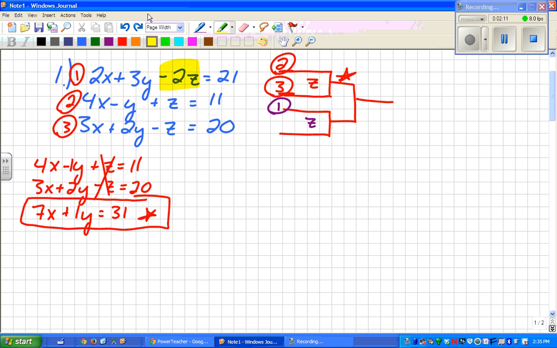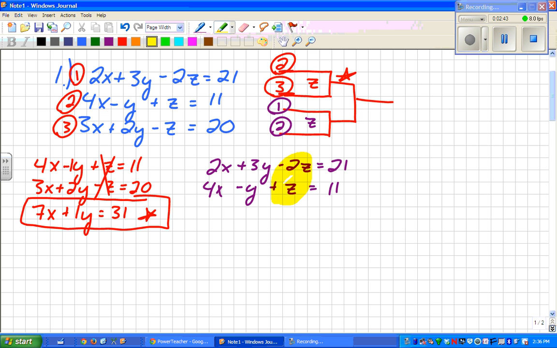There's no wrong choice here, but if you look at this one's negative and this one's positive, so why don't we use equations 1 and 2? Okay, so let's rewrite those. Equation 1 is 2x plus 3y minus 2z equals 21. And equation 2, 4x minus y plus z equals 11.